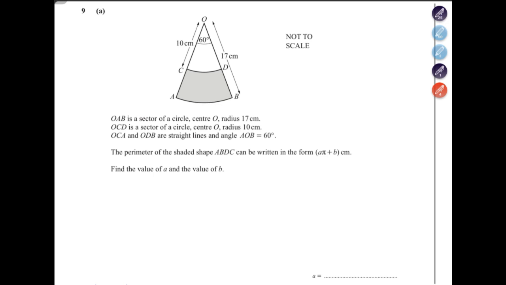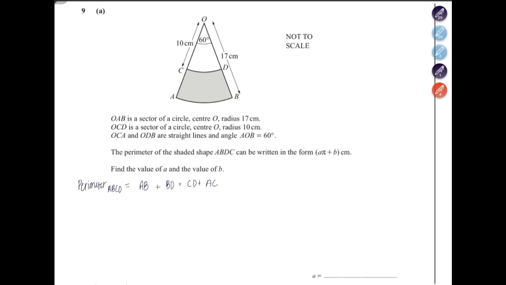Now to find the value of A and B, we need to find the perimeter. So perimeter here is going to be AB plus BD plus CD plus AC. That means we're supposed to find the length of this arc of this sector, plus this line, plus the length of the arc of the other sector, and then this line as CA.